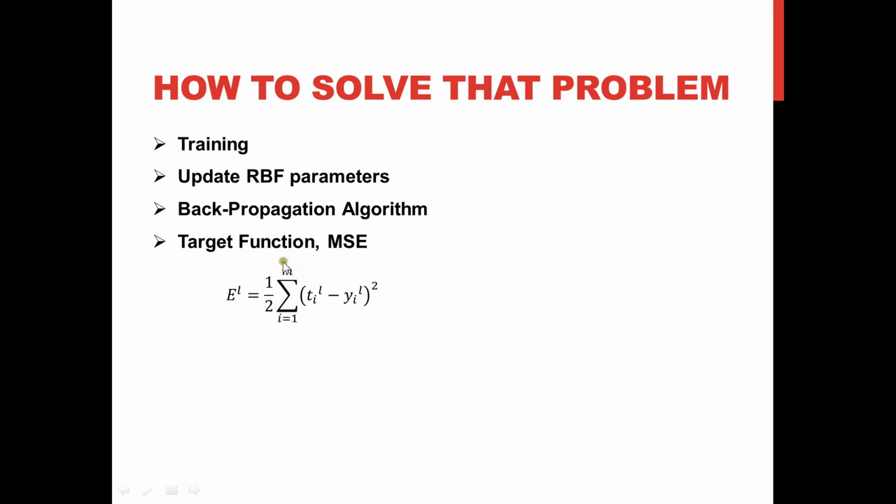The target function is a mean square error, which means this is the target and this is the output. The target minus output squared, and add them together, which is the accumulation of error, and times 1 over 2. This 1 over 2 here makes it easy for us to compute the derivative later on.